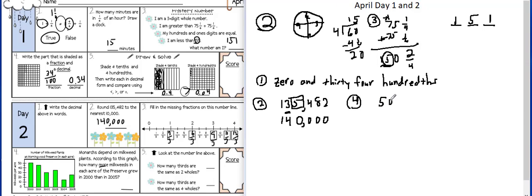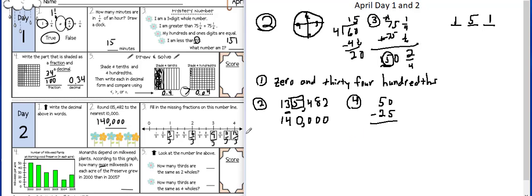In 2000, it was 50. And this is where it gets a little tricky on some of these to tell where this is. So right here, it looks to me that here's 2005. And if we go across, it comes to this point here, between the 20 and the 30. So that would be 25.